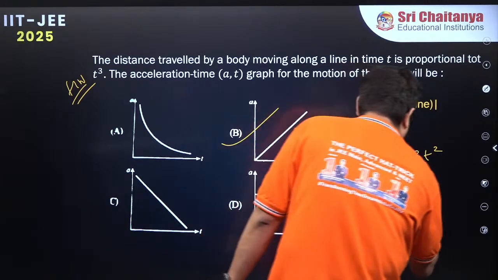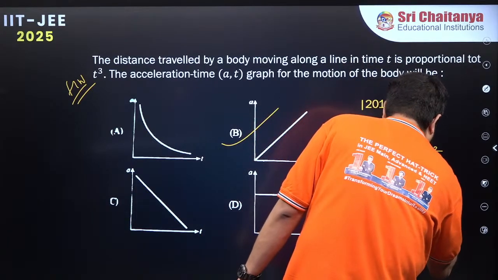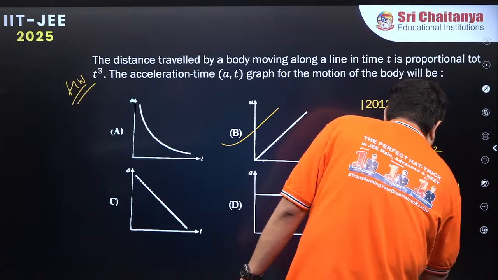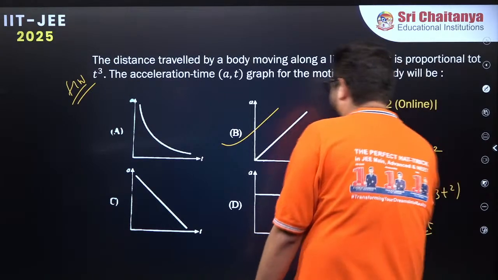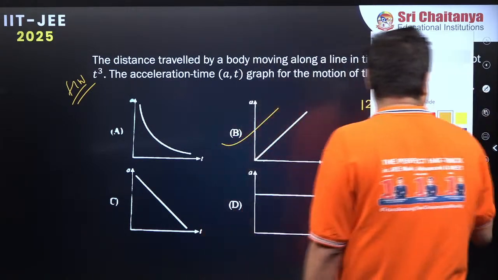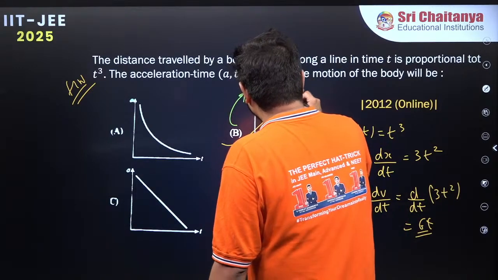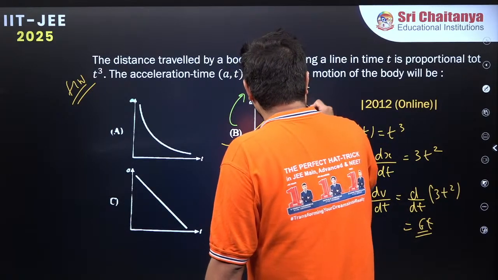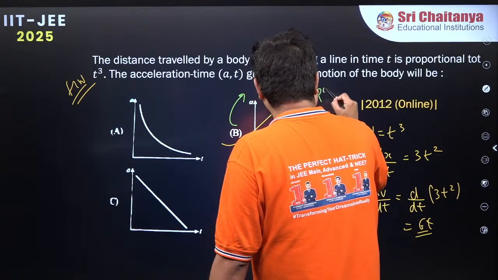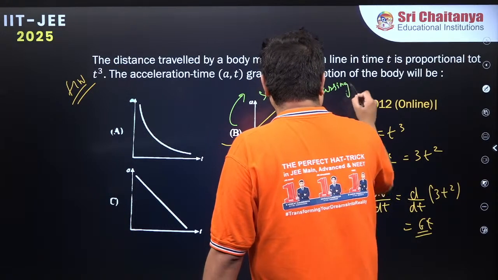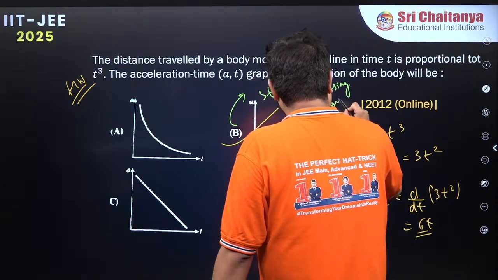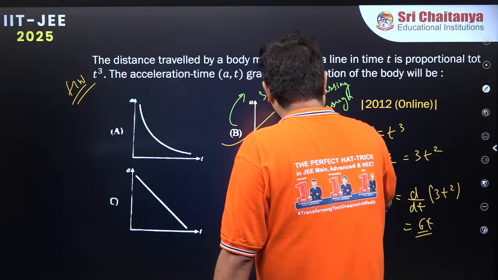So that means you need to differentiate d by dt of this 3t square. You will be getting it as 6t. So it will be a straight line passing through the origin. We will discuss about all these things, everyone, in the upcoming sessions. Straight line, it has to be passing through the origin.